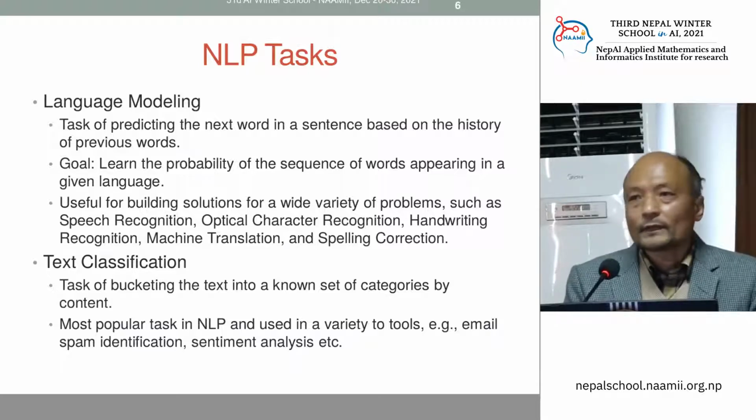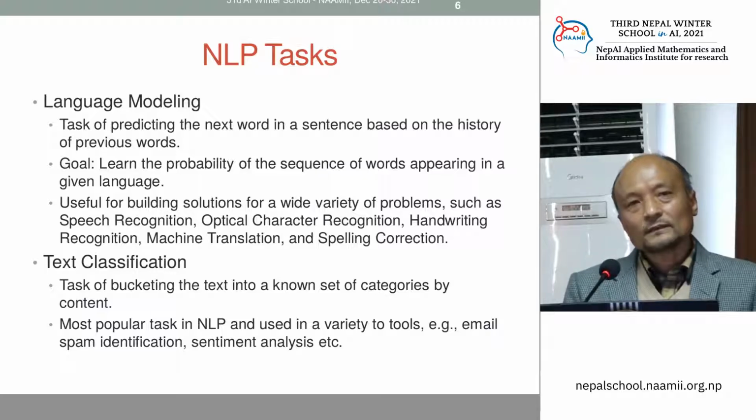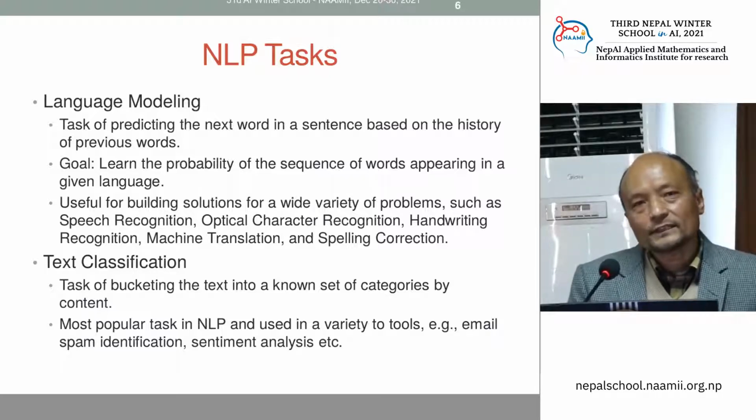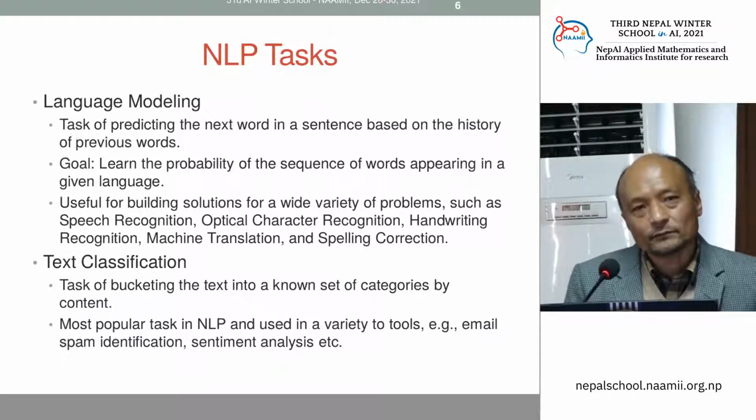We know that Gmail, for example, has a feature whereby it suggests auto completion, in which you just type something and then it tries to predict what you are intending to write.